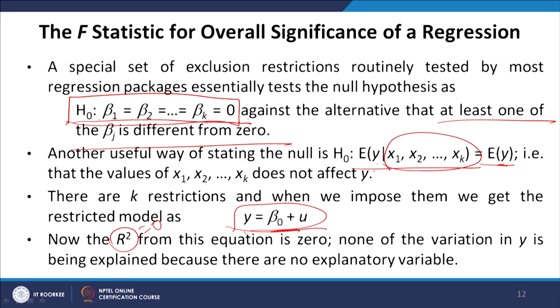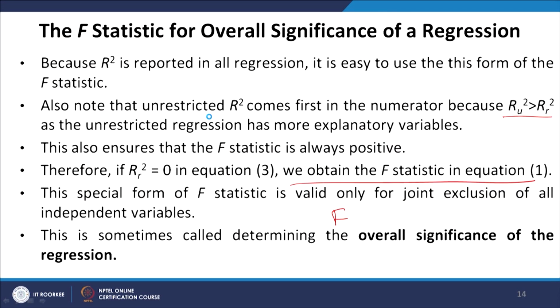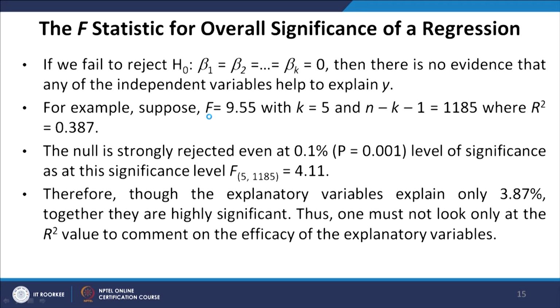So, at least one of the explanatory variables is actually contributing to the variations in y. Okay. So, this is called the overall significance of the regression. If we fail to reject the null hypothesis, which is beta 1 equals beta 2 through beta k equals 0, then there is no evidence that any of the independent variables help to explain y.